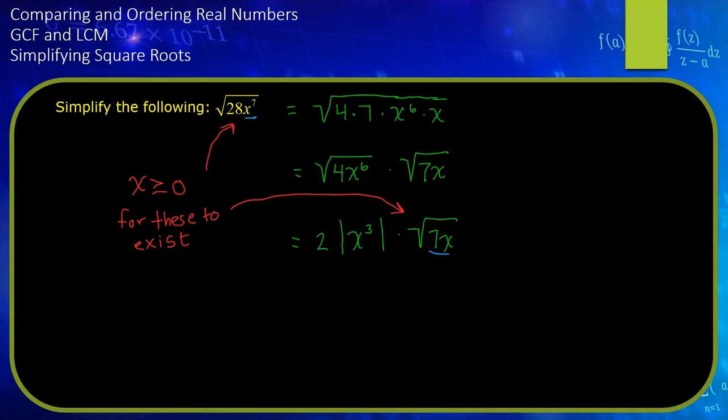So if x is greater than or equal to 0, because that has to be the case to exist, then I don't need the absolute value anymore because then I know that x is 0 or more, which makes it non-negative. So as long as I can come up with that, then I can oftentimes get rid of the absolute value symbol. When I start dealing with other roots and other powers, then I sometimes have to keep that absolute value around. So try your luck on the next one.